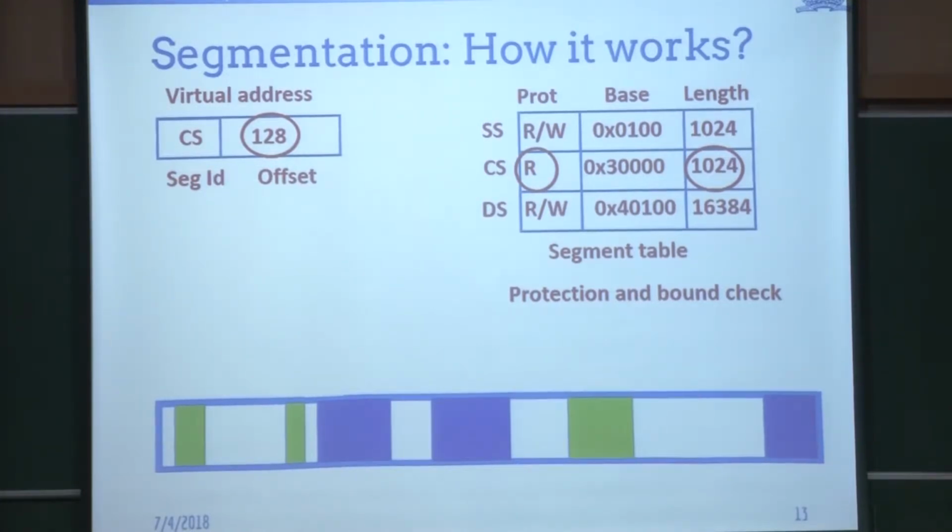And then you have the base information, which tells you where in the physical memory that segment is mapped. You take the offset and find exactly where the data that you are trying to look up is located in the physical memory. Okay, go ahead.